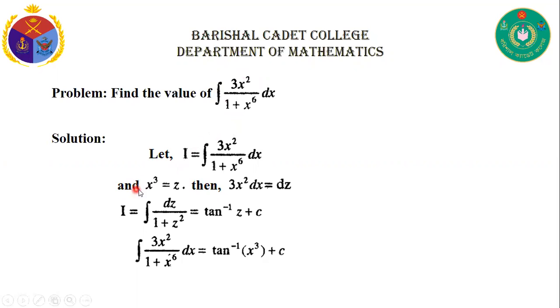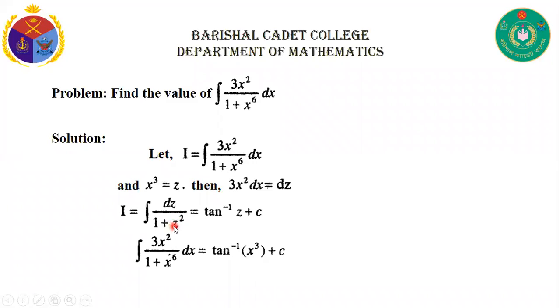Then x cube equals z, and 3x squared dx equals dz. So this part is dz, divided by 1 plus x to the power 6, which we can write as 1 plus x cube whole squared, so that is 1 plus z square.